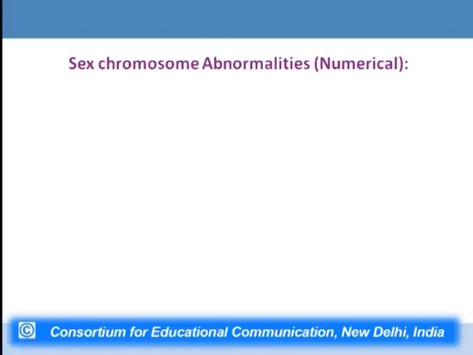Now, talking about sex chromosomal abnormalities, that is the numerical abnormality, that is a change in the normal number of sex chromosomes in an individual. A normal female has 22 pairs of autosomes and X and X, that is 2 X chromosomes, whereas a normal male has 22 pairs of autosomes and 1 X and 1 Y chromosome.